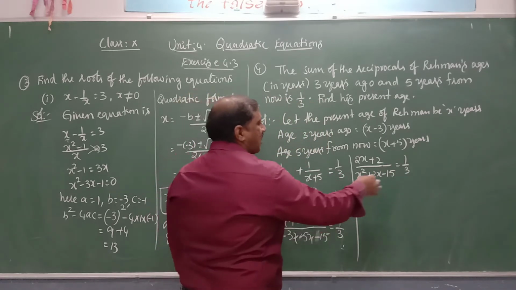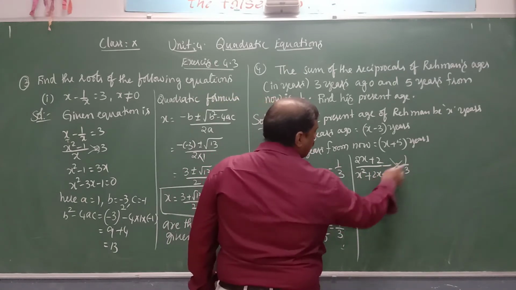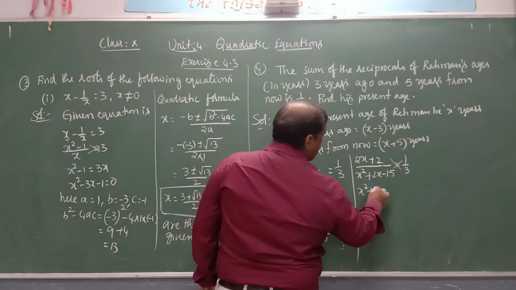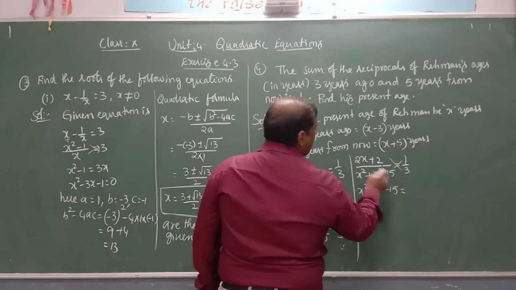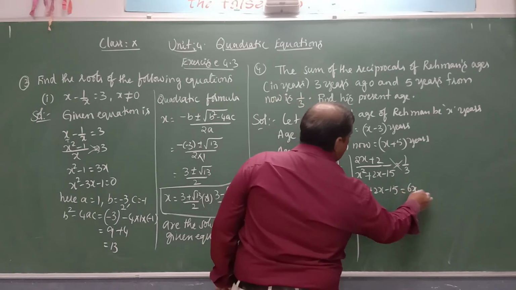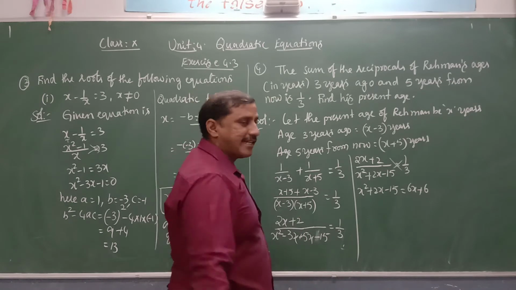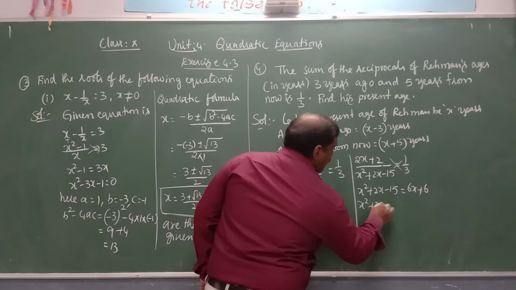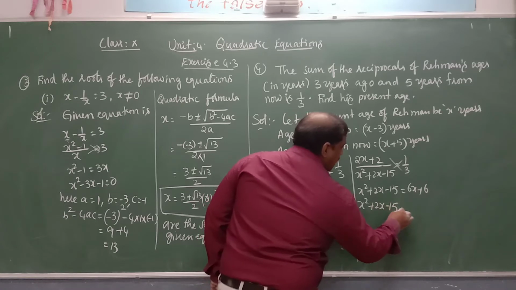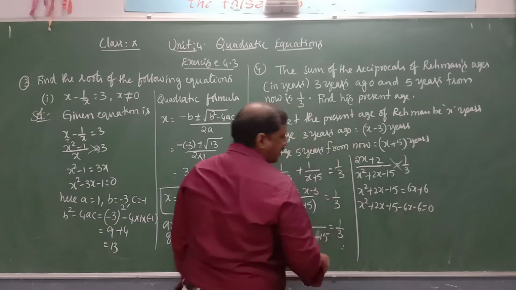Now by taking cross multiplication, what do we get? X square plus 2x minus 15, into 1, equals 3 into 2x, that is 6x, plus 3 into 2, that is 6. Now transpose 6x plus 6 to the left side, we get x square plus 2x minus 15 minus 6x minus 6 equals 0.